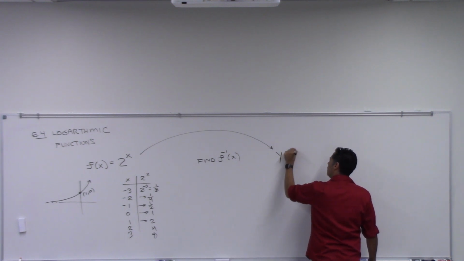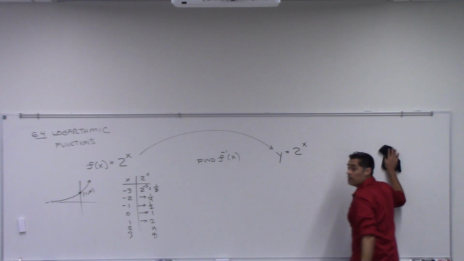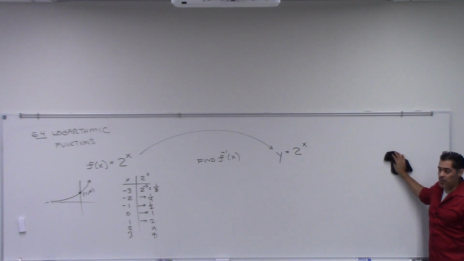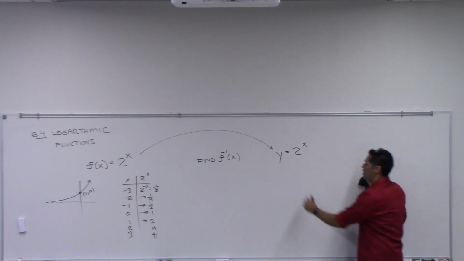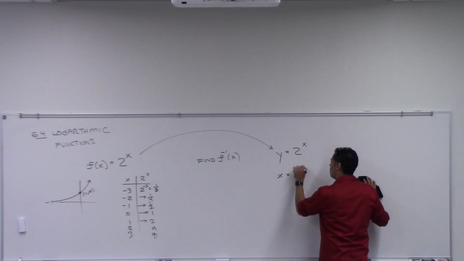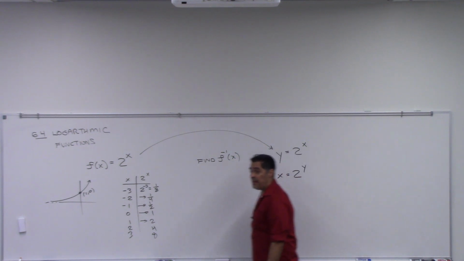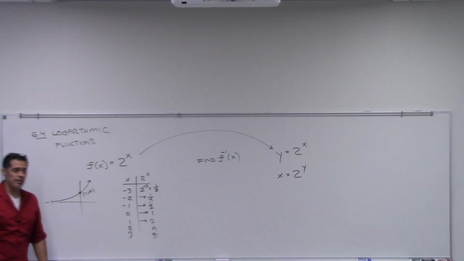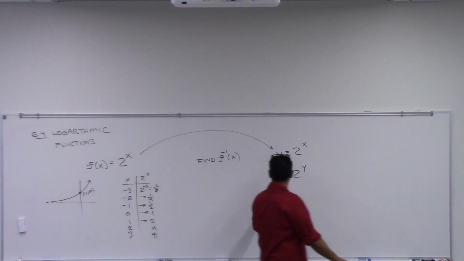Now, everywhere you see y, put x, and wherever you see x, put y. So x equals 2 to the y. And the last step: solve for y.